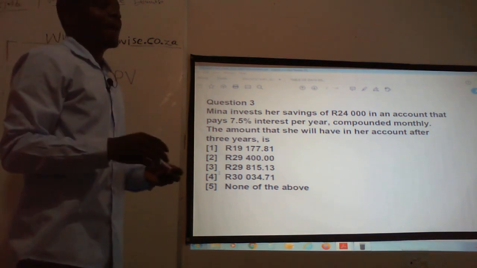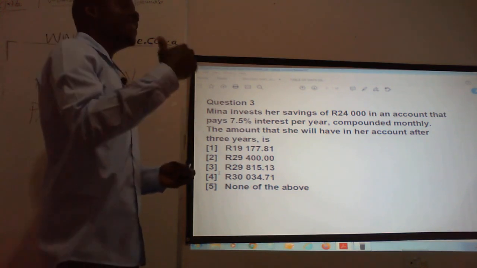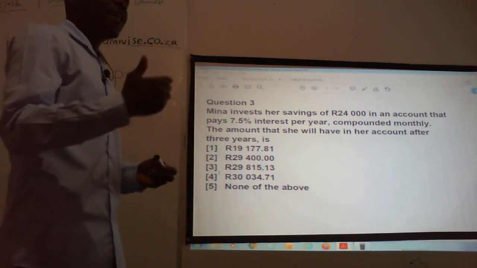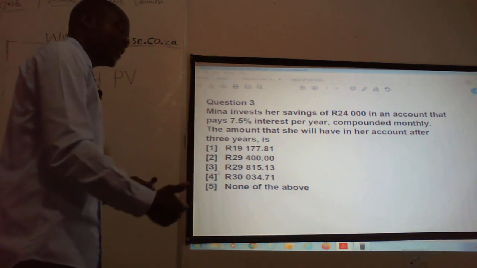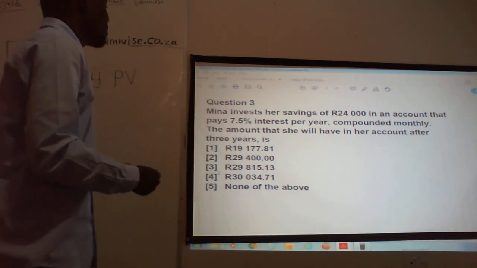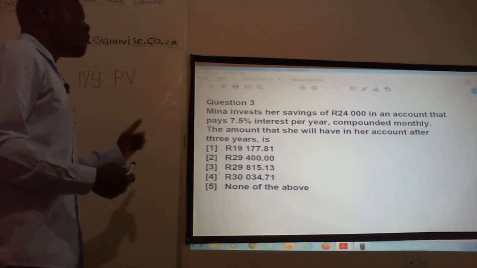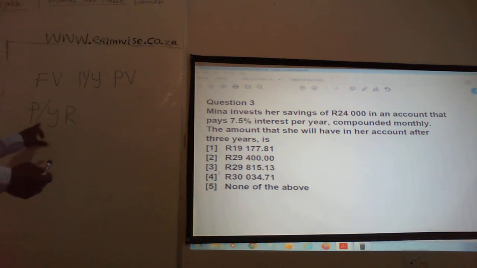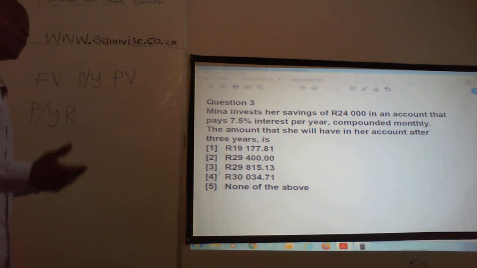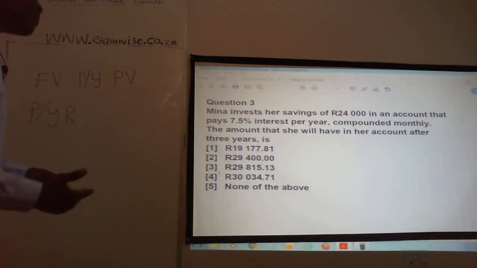P over YR represents the number of times interest is calculated or interest is compounded per annum.